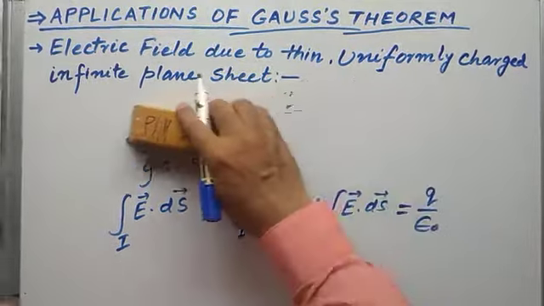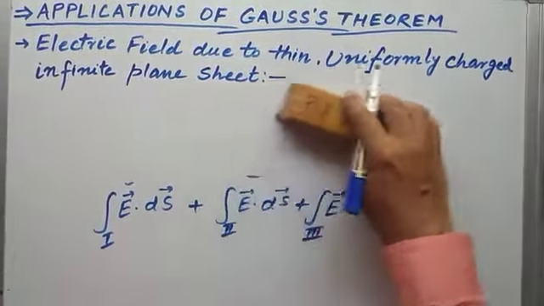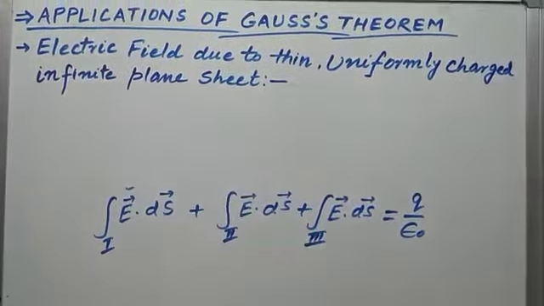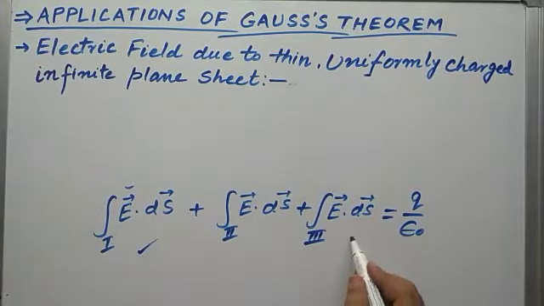The angle between electric field and area vector for section number 1 and section number 3 is 0, and for the curved surface it is 90.